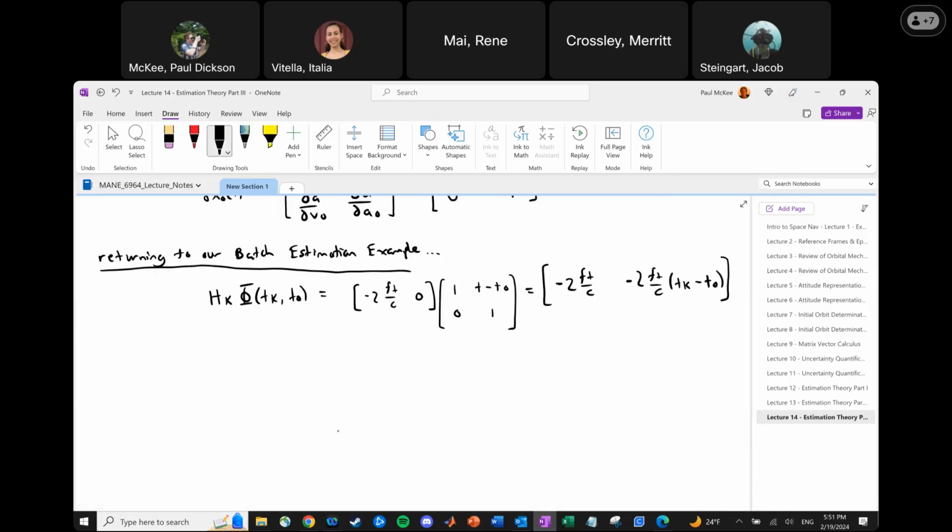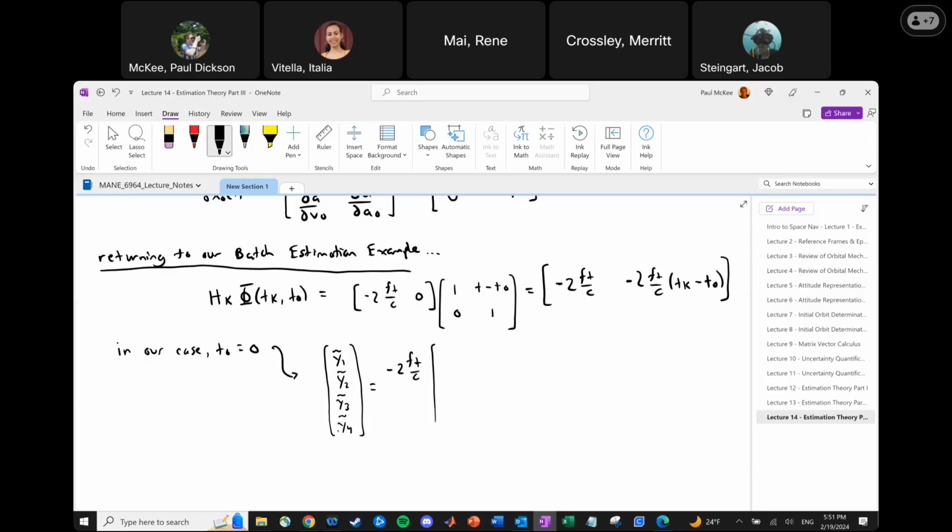So in our case, I'm going to simplify things a little bit. T naught is just 0. And so that allows us to write a system that looks like this. Y1, Y2, Y3, Y4 is equal to, I'm going to take the -2 transmission frequency over C and just factor it out.